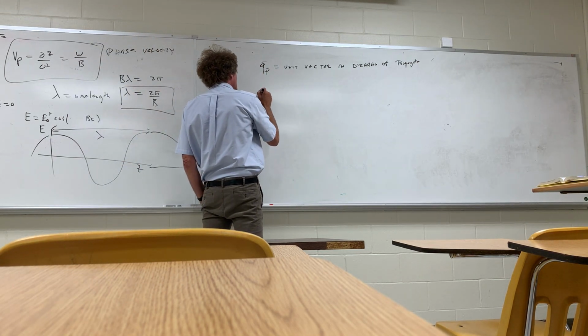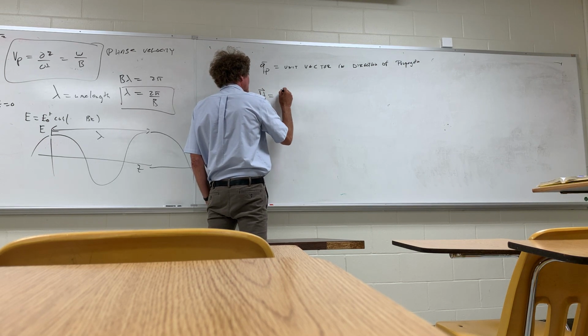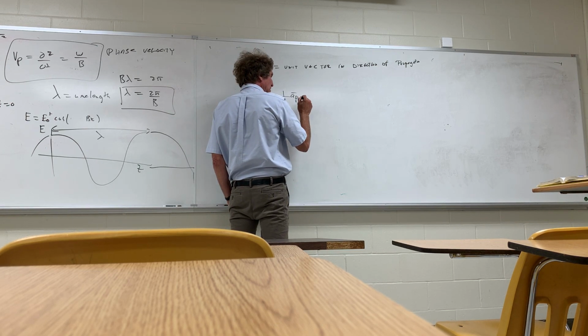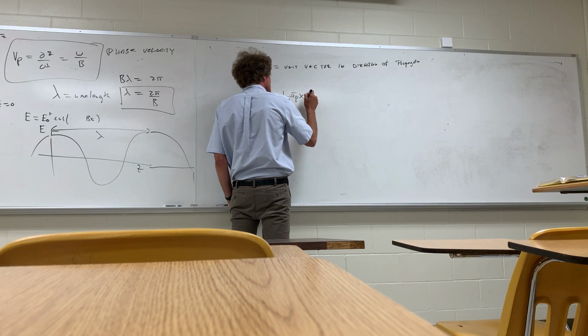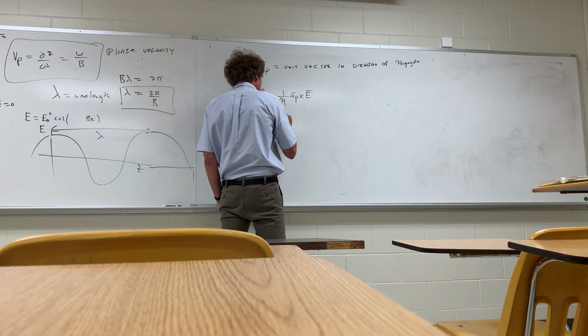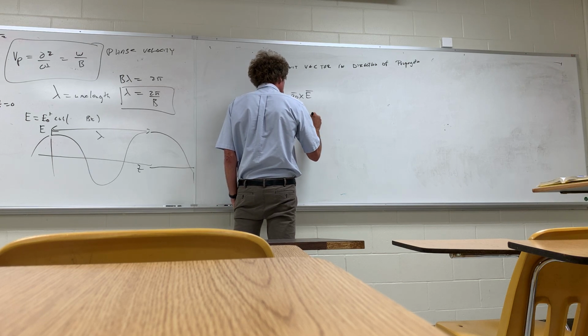So if I wanted the H field and I had the E field, in the phasor domain, I would take 1 over the intrinsic impedance times that unit vector a sub P crossed into the E field. And if I had the H field and I wanted the E field, it would be minus eta times the unit vector in the direction of propagation crossed into the H field.